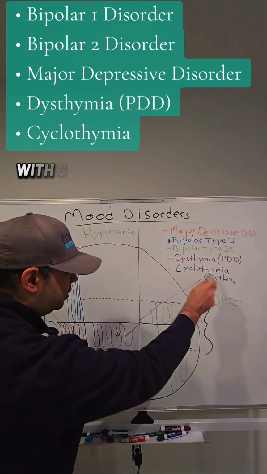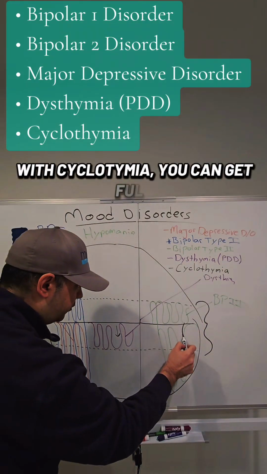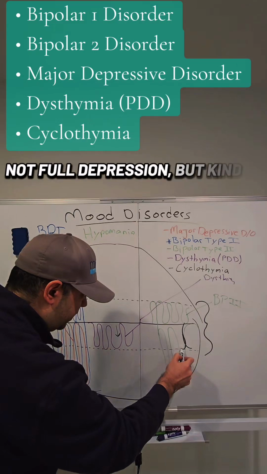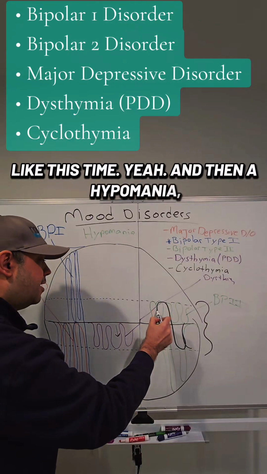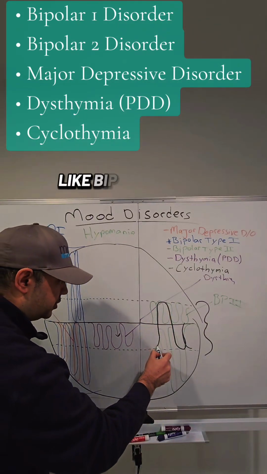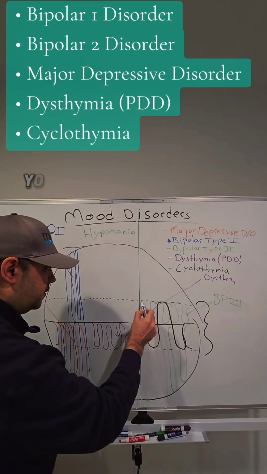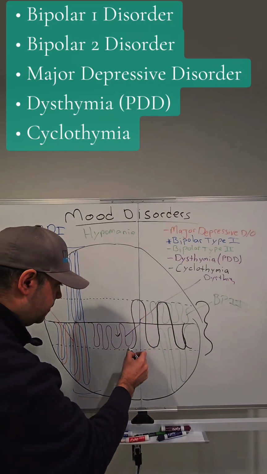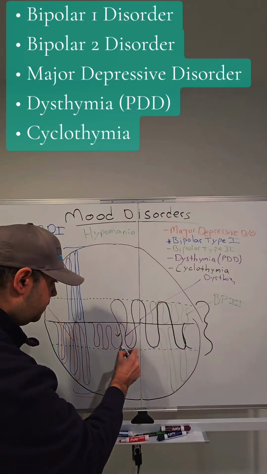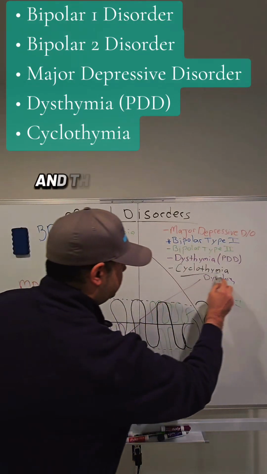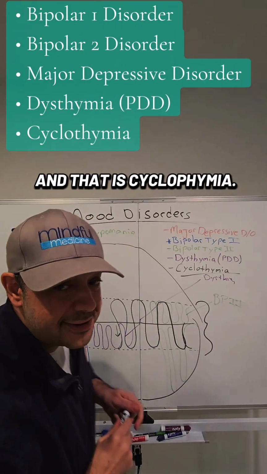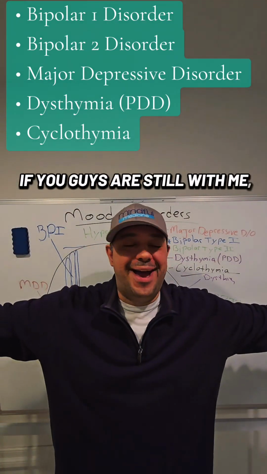With cyclothymia, you can get not full depression, but kind of a mild depression like dysthymia, and then a hypomania like bipolar type 2. You see what I'm doing here? And again, it stays in this section, and that is cyclothymia. If you guys are still with me, I appreciate you guys.